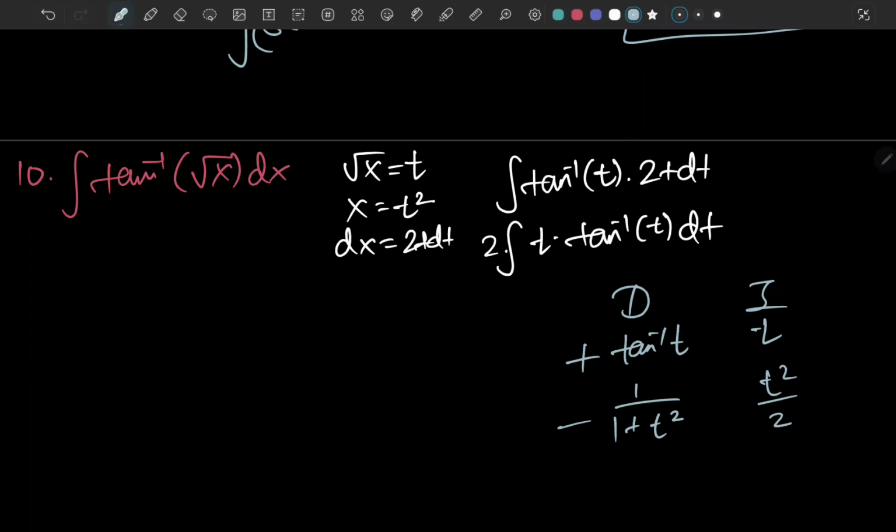Let's do that anyways, I don't mind. So this becomes this times this minus this times this in an integral.